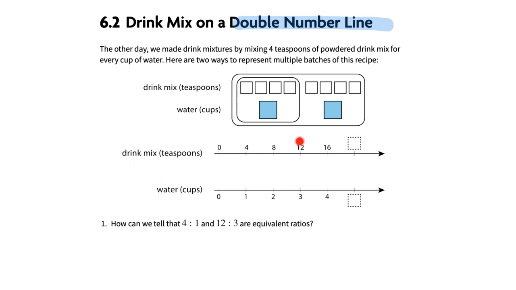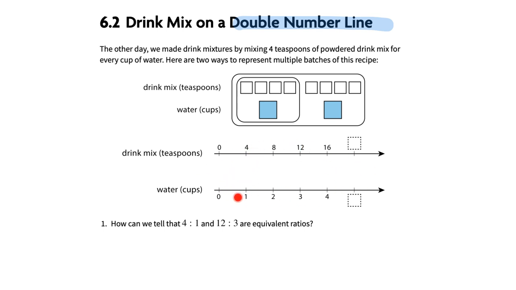Now, here is a way to represent that. We have right here our ratio of 4:1, 4 drink mix to 1 cup of water. All right, 8 teaspoons of drink mix for 2 cups of water. We see that visually, and then this is a little bit more abstract on the number line.